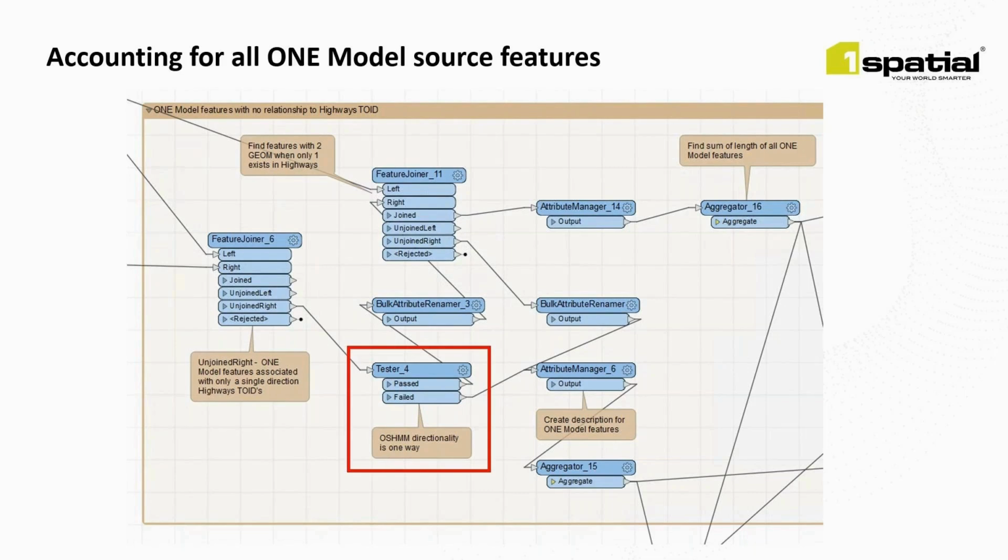Also part of this section of the workspace, we focused on features filtered from previous methods that were either identified as only existing within the One Model data set, therefore having no geometry to match from the Ordnance Survey, or had failed to find any relationship based on all our previous methods.